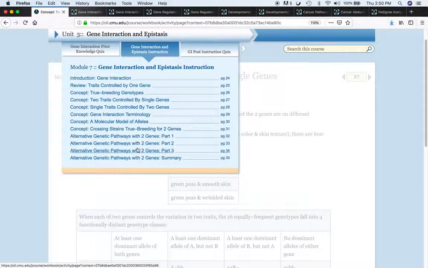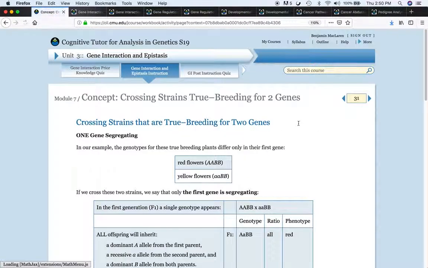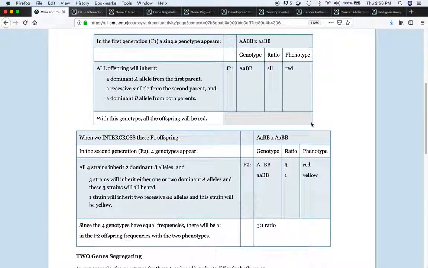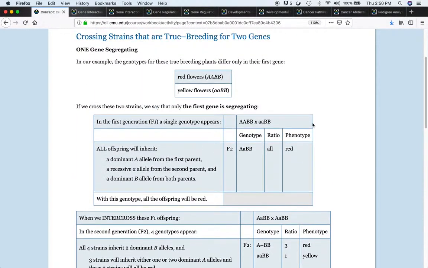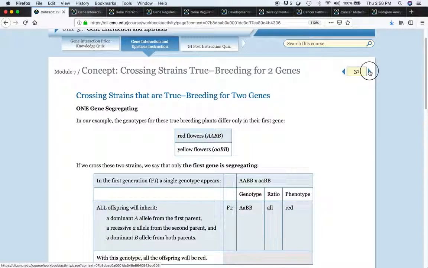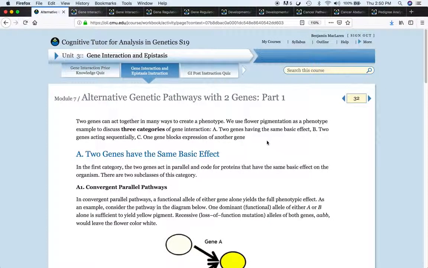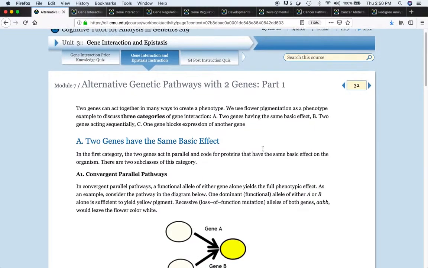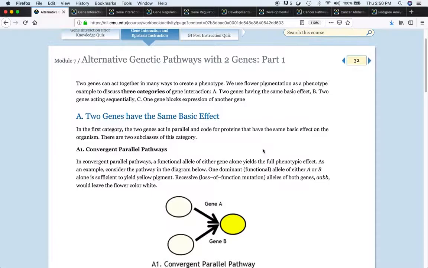So one of the things that the gene interaction and epistasis lesson explains is how different pathways are affected in crossing 2 parents with different genotypes that affect these pathways.